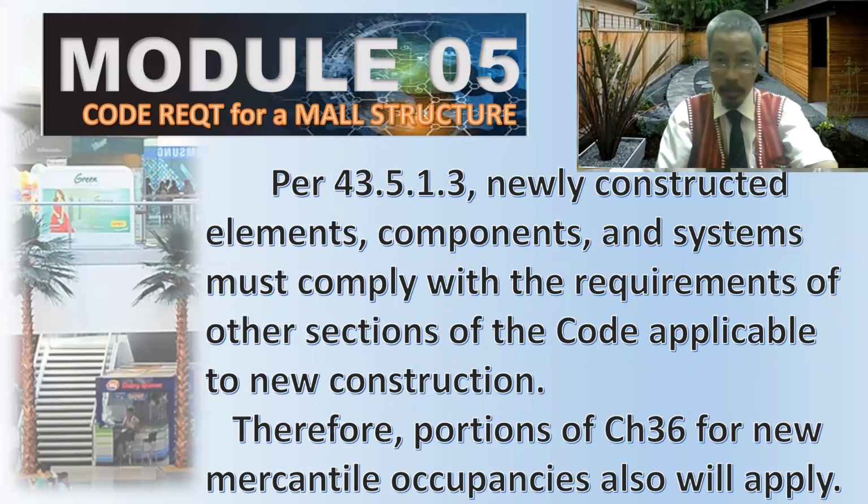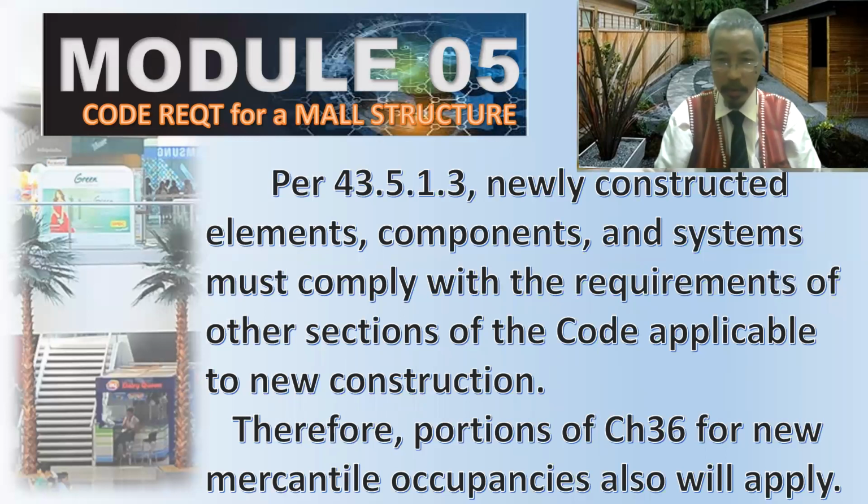Okay. And per chapter 43.5.1.3, newly installed elements, components, and systems must comply with the requirements of other sections of the code applicable to new construction. Because there are elements that will be introduced. There are changes that have to be introduced.